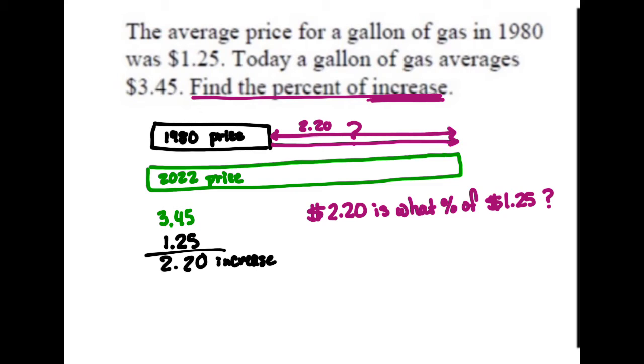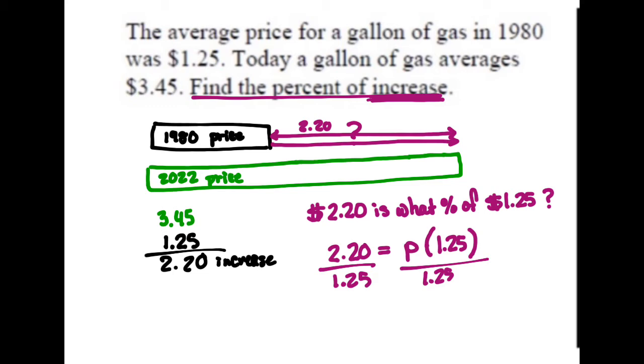Okay, so setting this one up as an algebra problem now. $2.20 is what percent of $1.25? Okay, and because I have decimals, I don't want to use a dot. All right, so divide by $1.25.